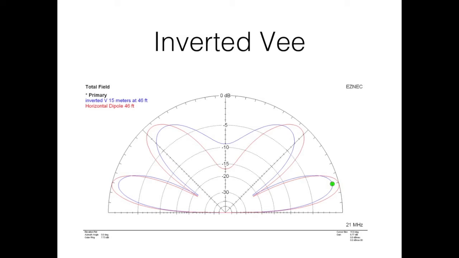And note also by looking at the plot that the inverted V has a little bit more radiation at the high elevation angles. And this might be of some advantage on 40 meters, probably not so much on the higher bands.